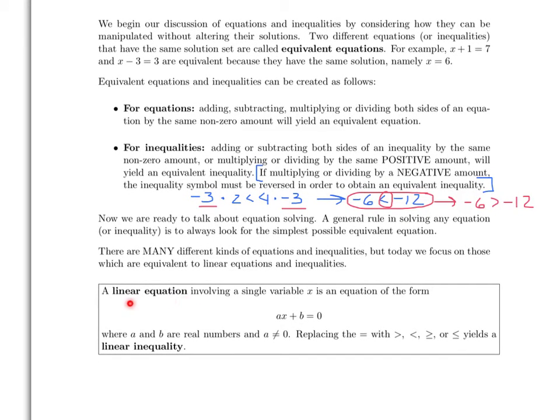A linear equation involving a single variable x is an equation of the form ax plus b equals 0, where a and b are real numbers, they're known, and a is not 0. Replacing the equals with one of the inequality symbols yields a linear inequality.